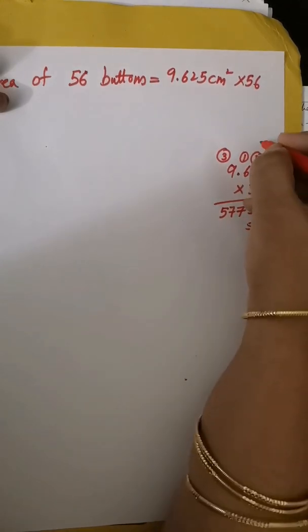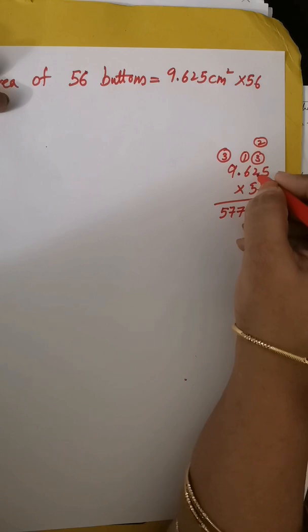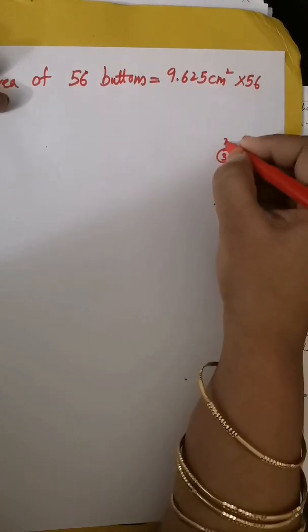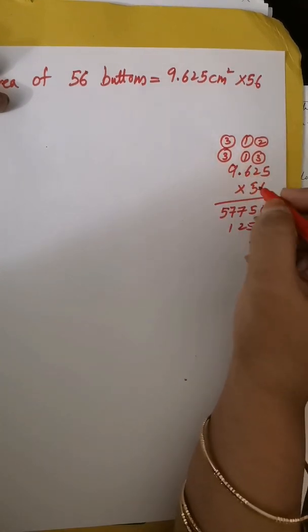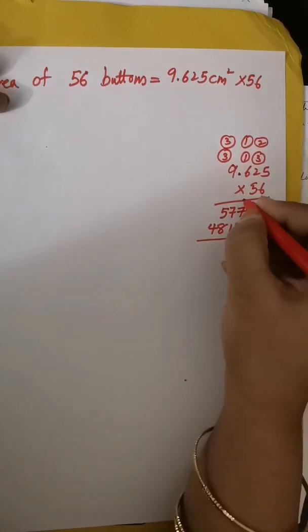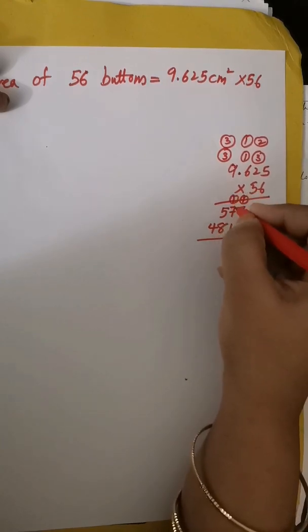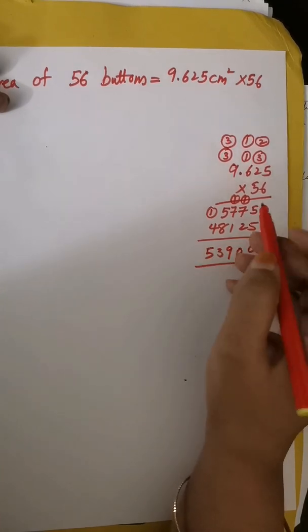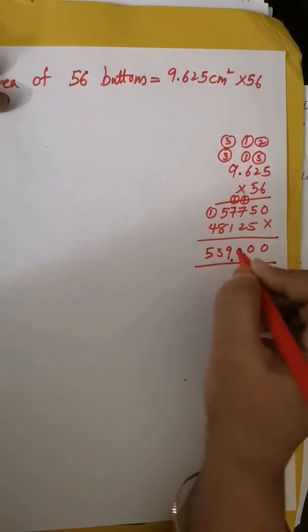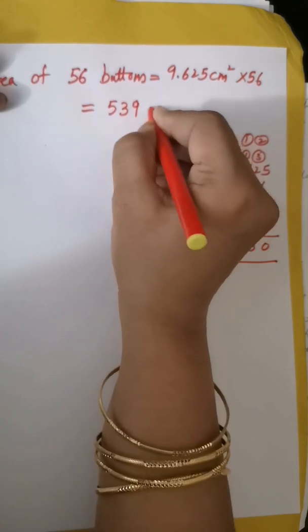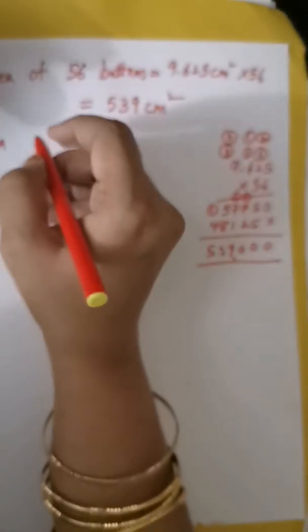Cross 5 5s are 25, 5 2s are 10, 12, 5 6s are 30, 31, 5 9s are 45, 46, 47, 48. 0, 10, 10, 8, 9, 13, 5. So how many numbers dot? 1, 2, 3 numbers dot. So area of 56 buttons is 539 centimeter square.